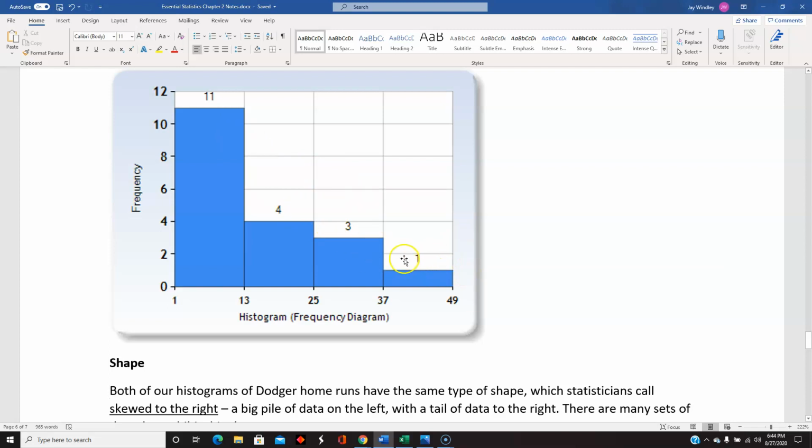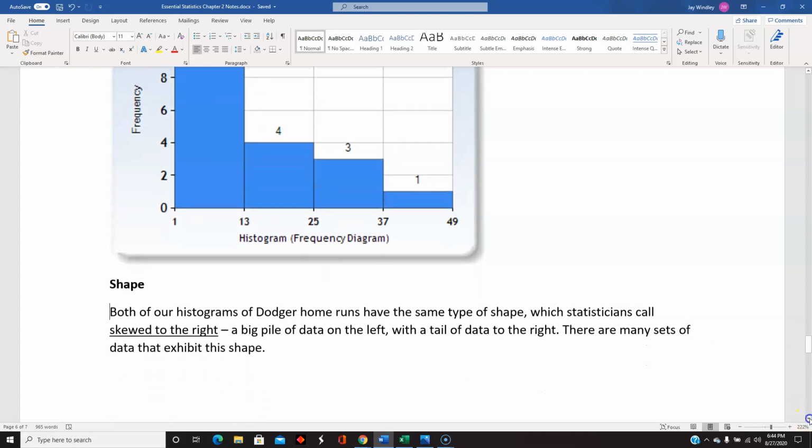So it's skewed to the right. And this happens a lot. This happens with a lot of sets of data, especially data involving money, where you have a bunch of people's income piled up near zero, relatively speaking, and then fewer and fewer data the farther you get out here. A lot of data ends up looking skewed to the right.